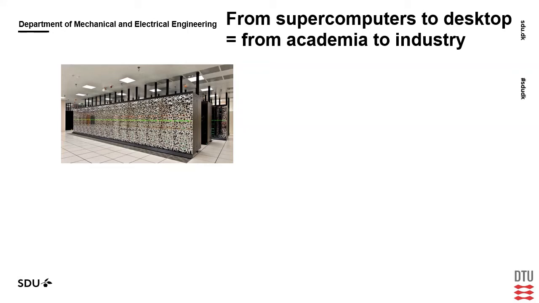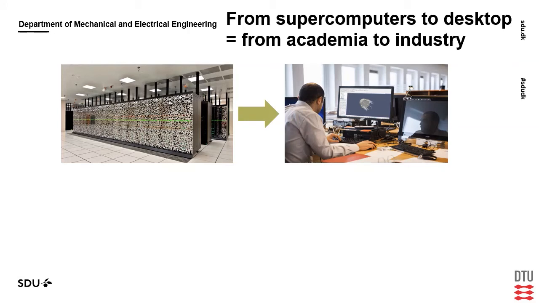And then, of course, this is sort of restricted to academia. We are very fortunate that we have access to these machines, but if we want this technology to be used in industry, we have to move to a point where we are able to use this technology on a desktop or maybe a small computational cluster that some larger companies are able to have in-house.